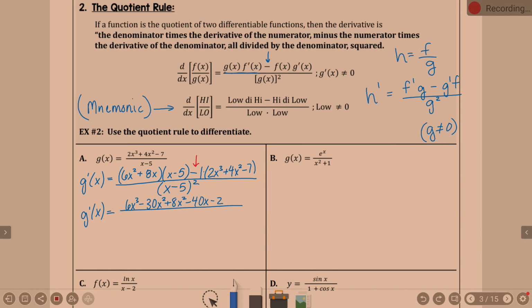So minus 2x cubed minus 4x squared plus 7. Denominator, we usually leave. Did I leave it? Yeah. Denominator, we tend to leave more in a factored form unless we have a reason to multiply it out. Okay? If there's a reason, we could do that, but we tend to leave it more in the factored form.